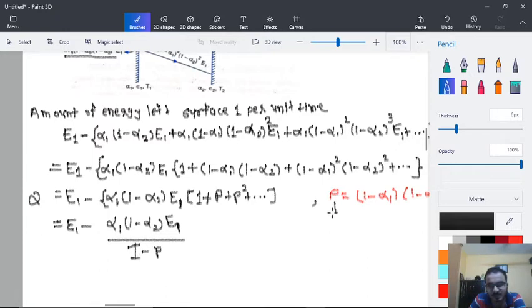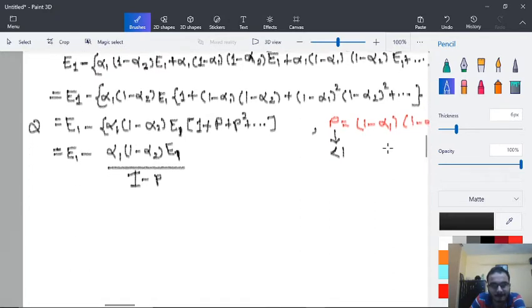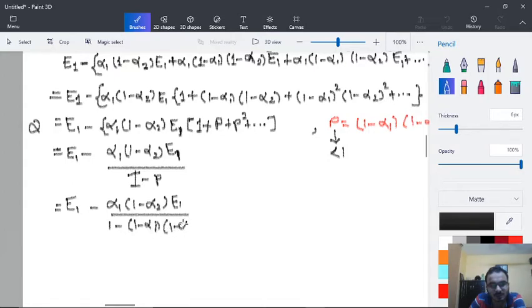Because this term P is less than 1, so this series we can shorten with 1 upon 1 minus P. So now it is equal to E1 minus alpha 1 into 1 minus alpha 2 E1 divided by 1 minus alpha 1 into 1 minus alpha 2.